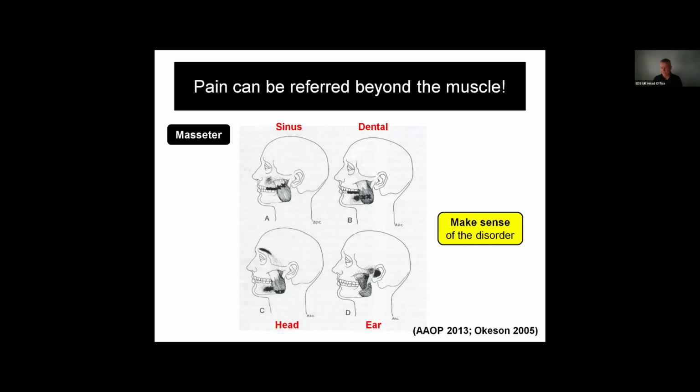But taking the advice of someone that specializes in that area, so if it's a maxfac surgeon that's talking to you, that's probably the best person to get that advice from, really. But I would suggest that everyone goes through this kind of self-management side of things, knowing a bit more about the condition and how to reduce some of their own contributing factors alongside any other management.